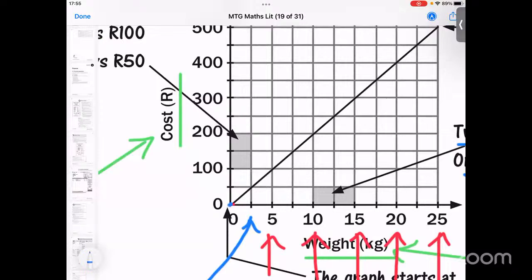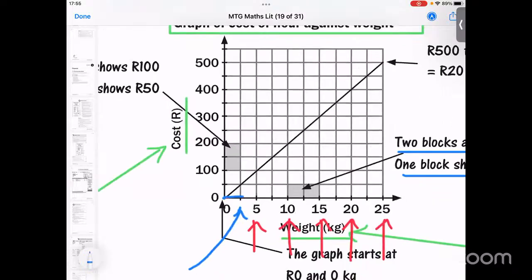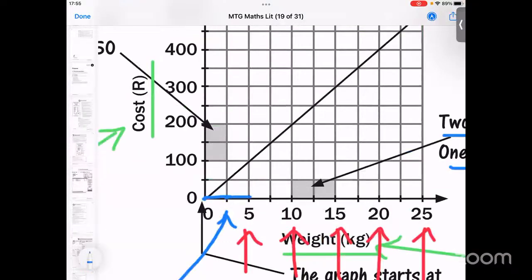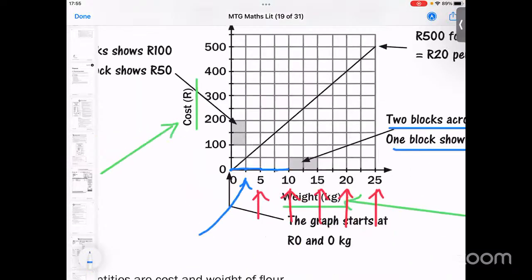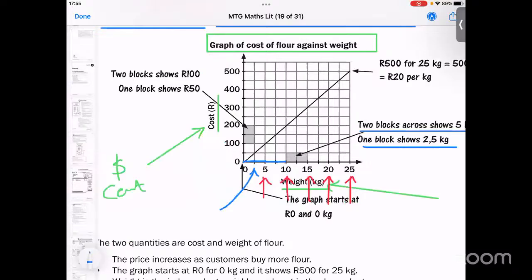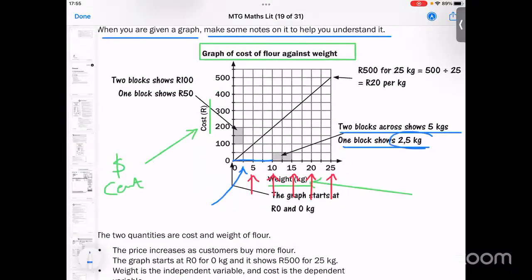Moving from that 0 point, that block represents 2,5, and then another 2,5 takes you to 5 kg, another 2,5 takes you to 7,5, and so on. So the length of that block actually equates to 2,5 kg.